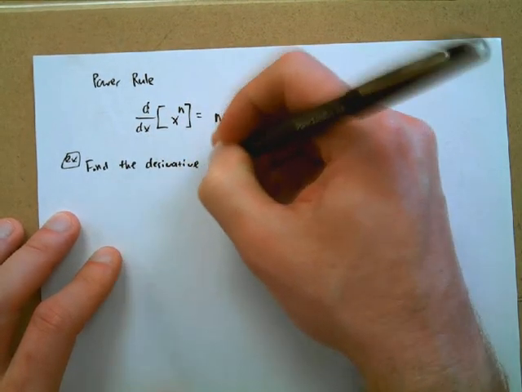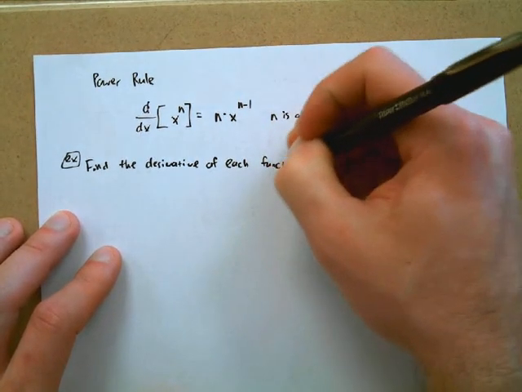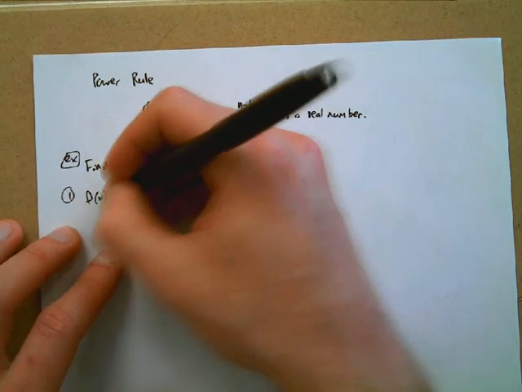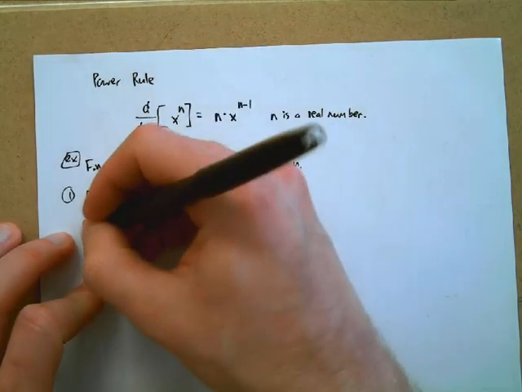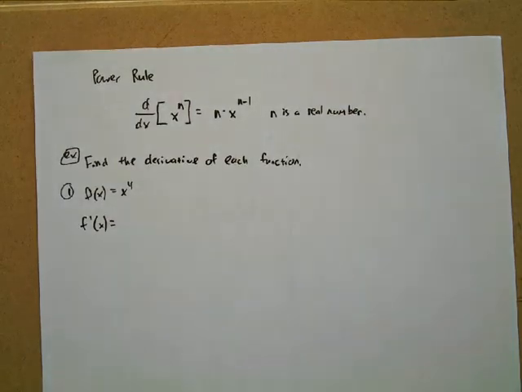Or x to the 3rd, 4x to the 3, 4x cubed, yep, just like that. Good. Number 2, g of x equals the cube root of x. What would g prime of x be?